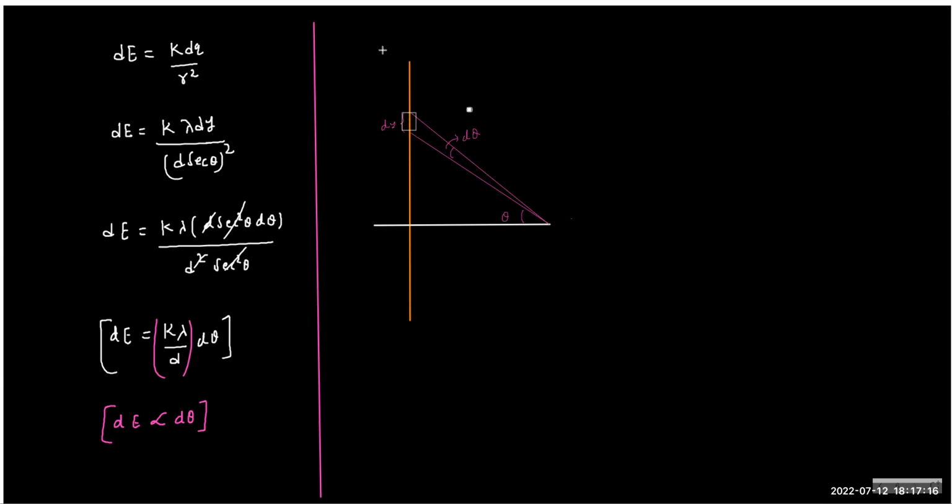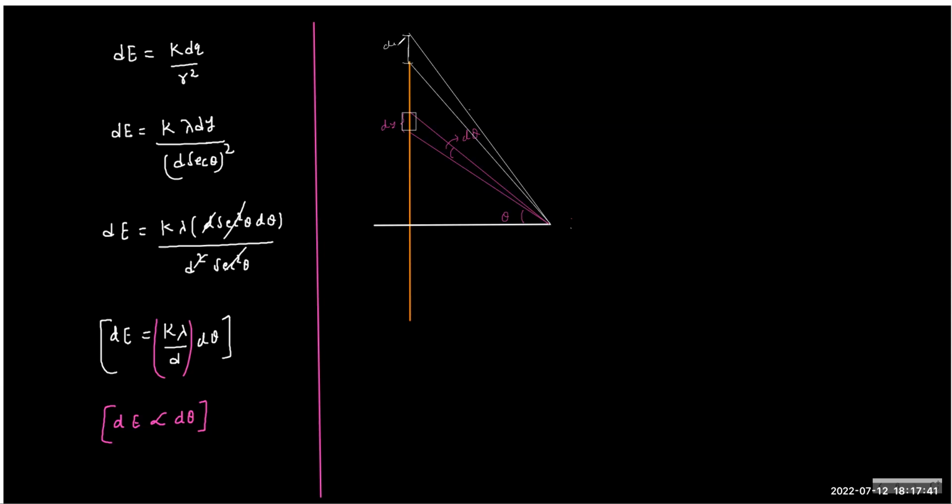Now, as theta will change, imagine two lines we are drawing further at the same angle, d theta. What will happen? The new dy is going to be bigger than before, isn't it? Yes.